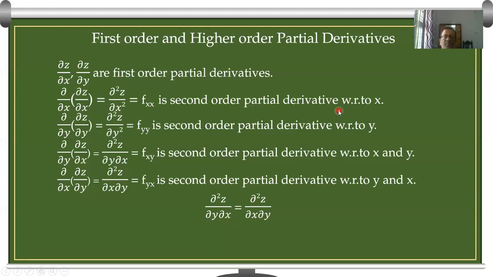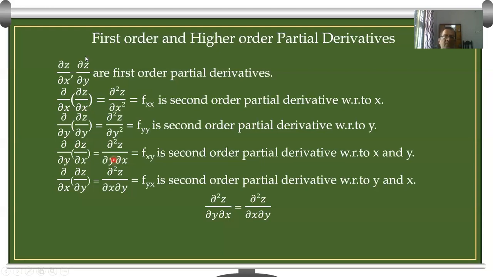In the same manner, taking dou z by dou x and differentiating with respect to y, we get dou squared z by dou y dou x, which is also a second order partial derivative.